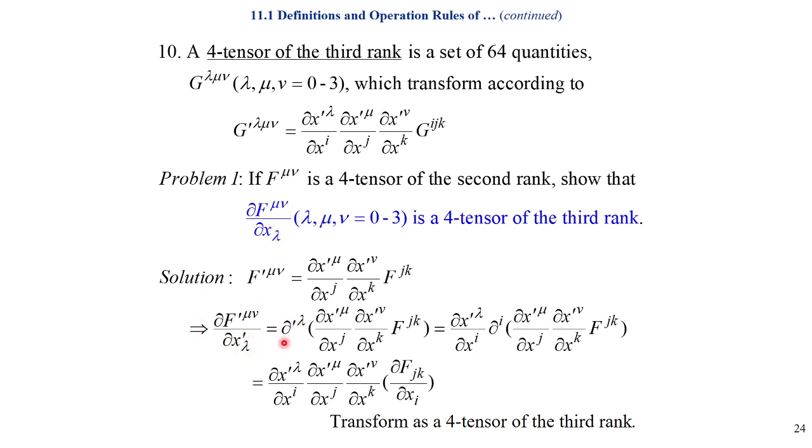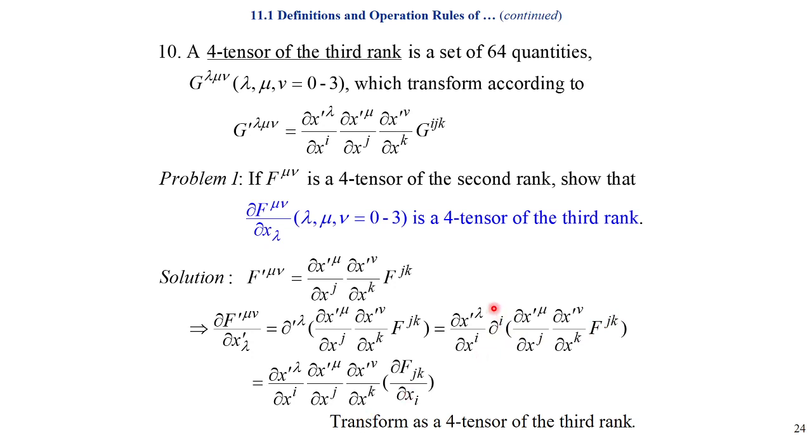Then you need to write it down, partial this one, and this one can be written with the Lorentz transformation for a 4 vector. Now you can move this one to here. So eventually we got 3 Lorentz transformations, 1, 2, 3, and partial I F J K.